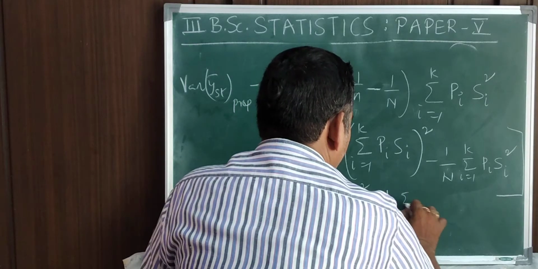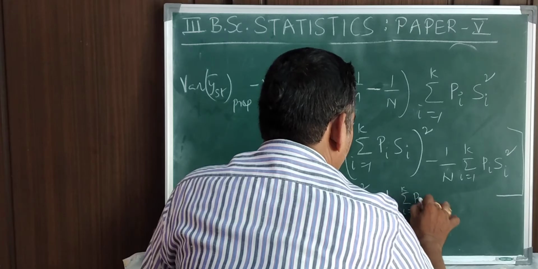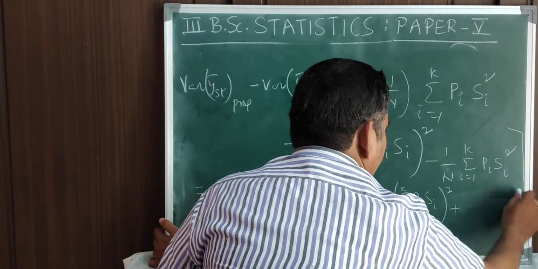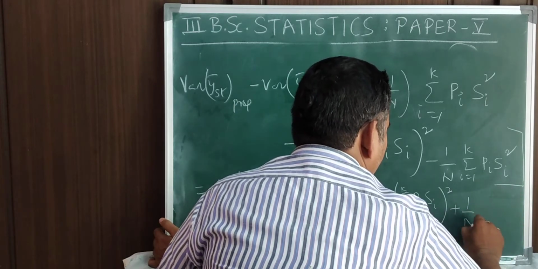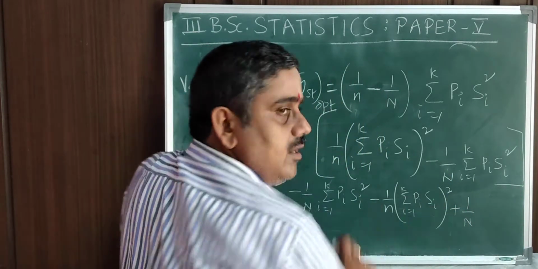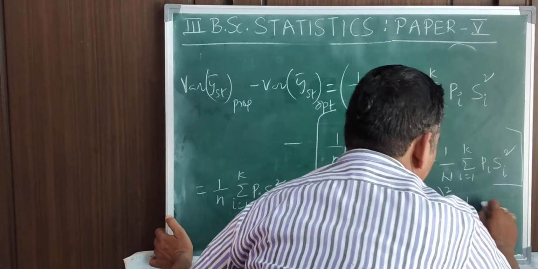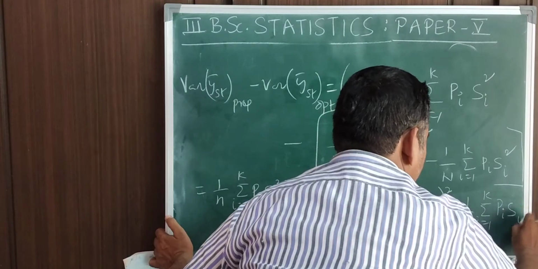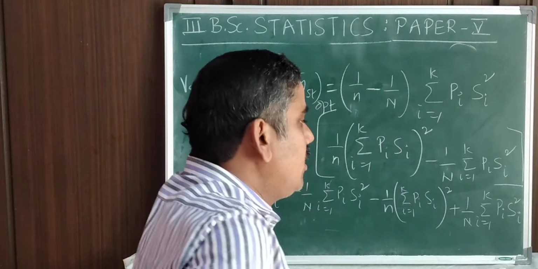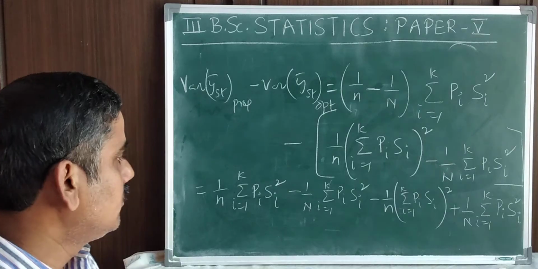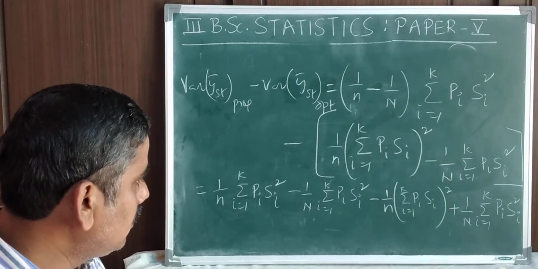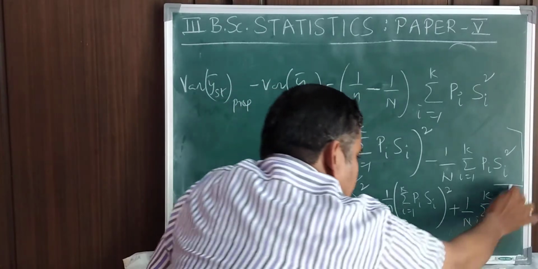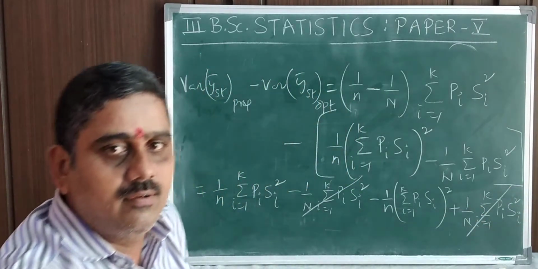1 by small n summation i is equal to 1 to k, Pi into Si the whole square, plus, since minus of minus becomes plus, the second term 1 by capital N summation i is equal to 1 to k, Pi into Si square. Now you see the relation: minus 1 by capital N Pi Si square plus 1 by capital N Pi Si square get cancelled.